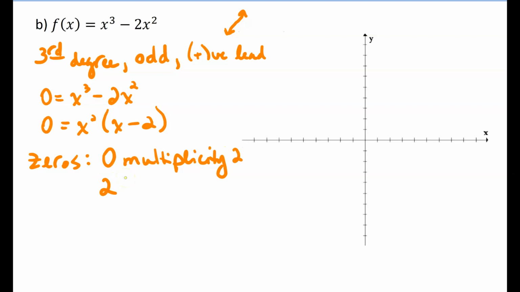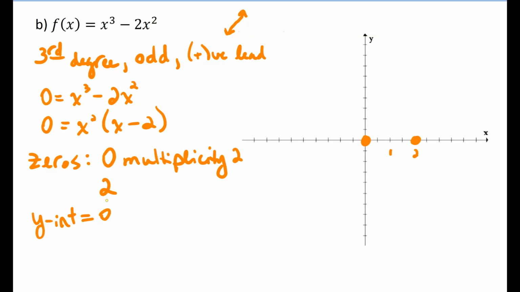All right, so I'm going to go ahead and plot these. I have a 0 here. I'm going to widen my scale just so that you can see a little bit better. Okay. This one worked out nicely for us again, because what is our y-intercept? 0. No extra work there. Okay, so this time I only have 2 zeros.